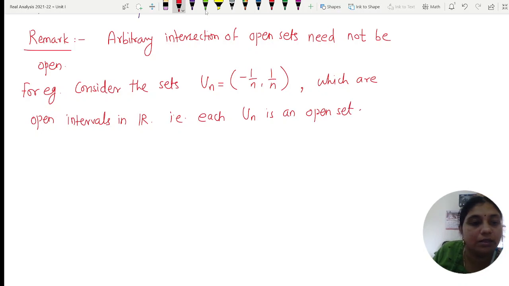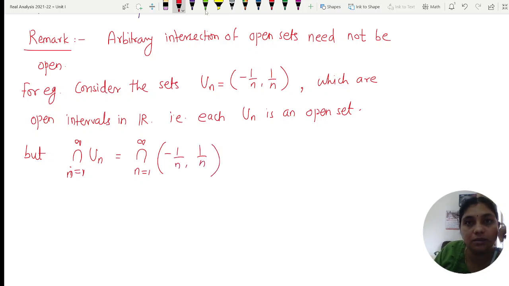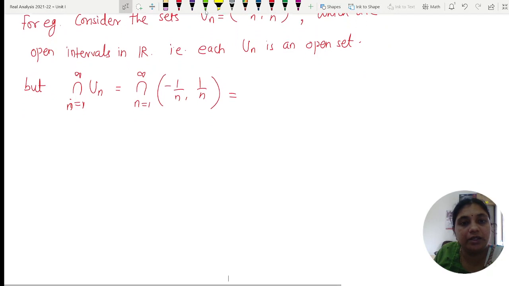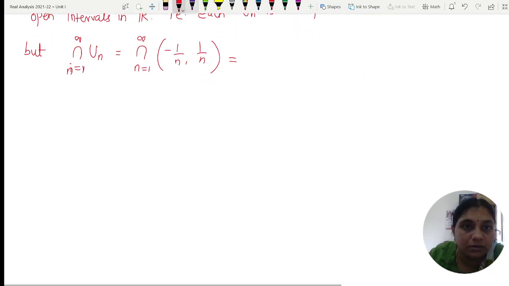But what is their intersection? Intersection n equal to 1 to infinity of (-1/n, 1/n). What is this intersection? Can anybody tell me? We'll draw the figure.